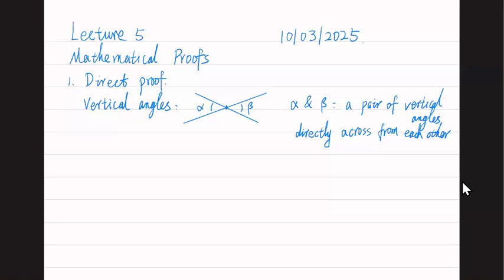A very simple theorem. So here, two angles that are congruent is they have the same measurement.